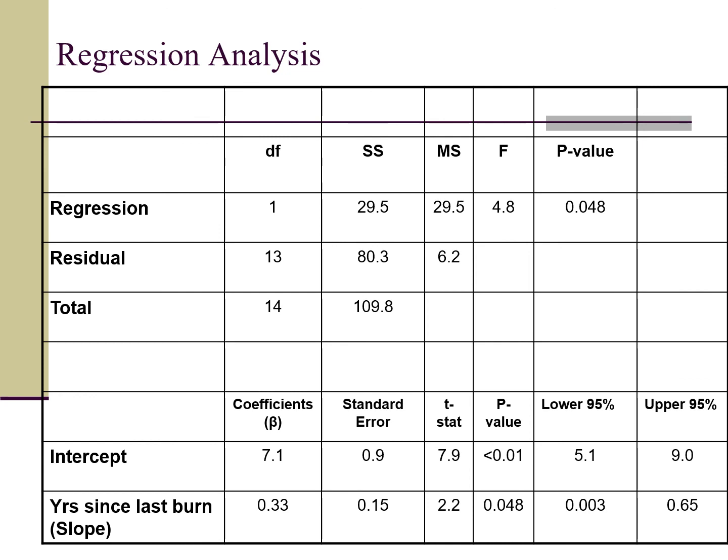So the intercept, statistically significant, that's, I think, always the case. And then the years since last burned, we also have a statistically significant p-value, the same as we have for the overall regression, okay? And then using those standard errors, we can calculate the lower 95th percent and upper 95th percentile values for the intercept and for the years since last burn.